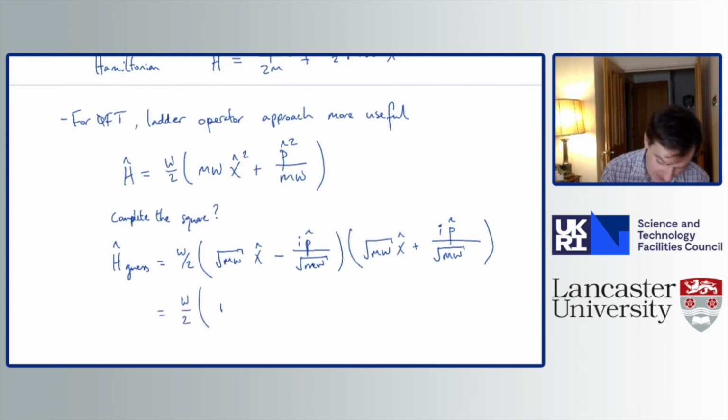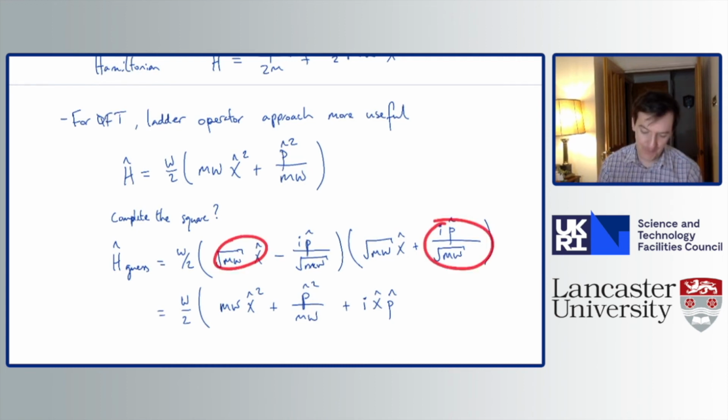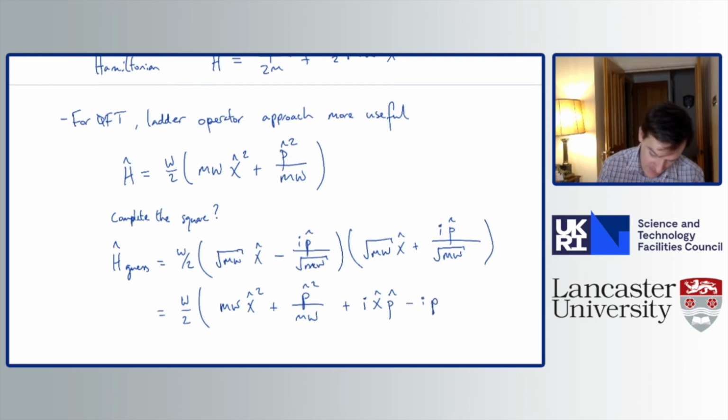We will get m omega x squared, and we will get p squared over m omega. And then on the cross terms, we'll get i times xp, multiplying this term with this one, and we'll get minus i px.